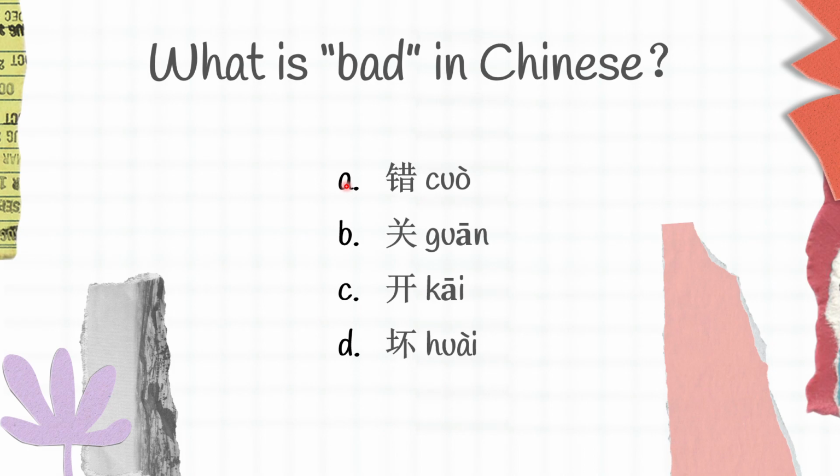So 错 is wrong, 关 is closed, 开 is open, and 坏 is bad. So the right answer for this question is D, 坏.